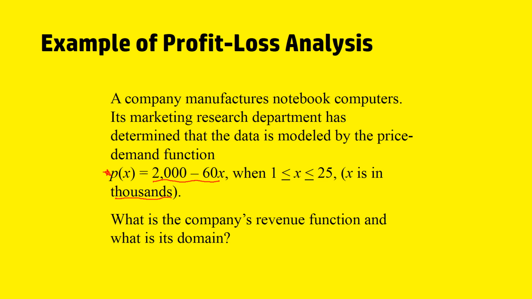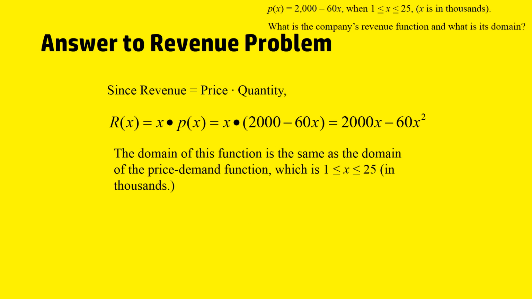And what's the domain? They want the revenue function. So that's going to be R of X, right? That's one thing you have to do, is produce that. And then you have to produce the domain of that revenue function.